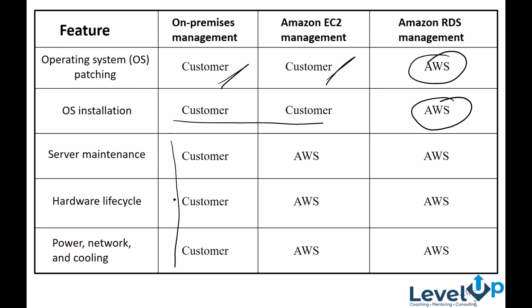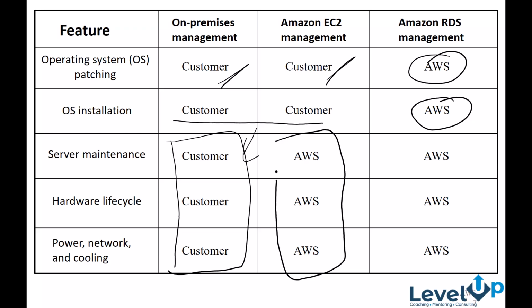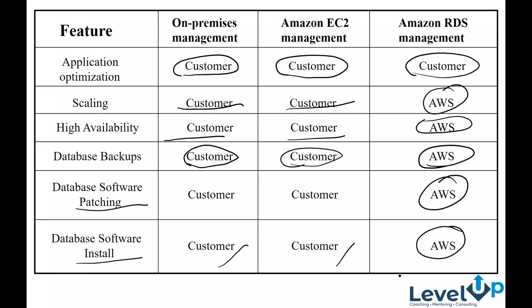The server maintenance, hardware lifecycle, power, cooling, etc. have to be taken care of by the customer if it is an on-premises server. But if you're purchasing a server from AWS with the help of EC2, the server maintenance and hardware lifecycle are taken care of by AWS because the server is on AWS. If it is RDS, obviously all these things are taken care of by AWS itself.